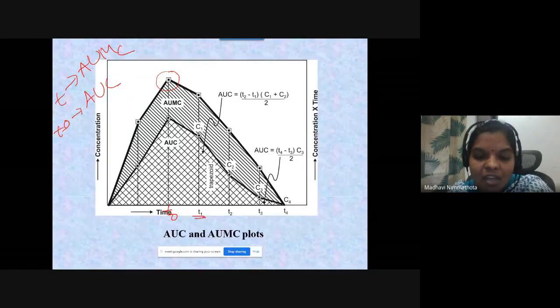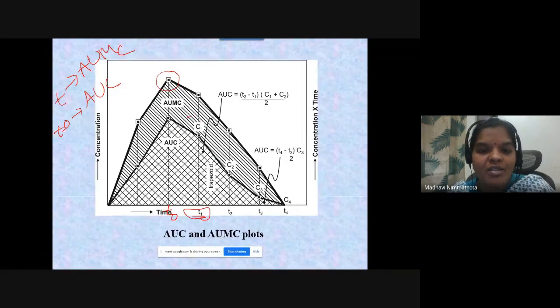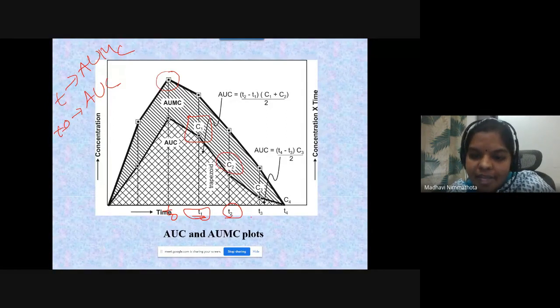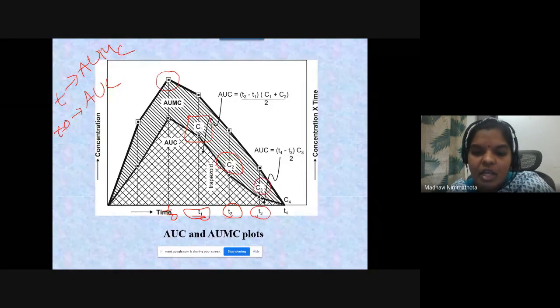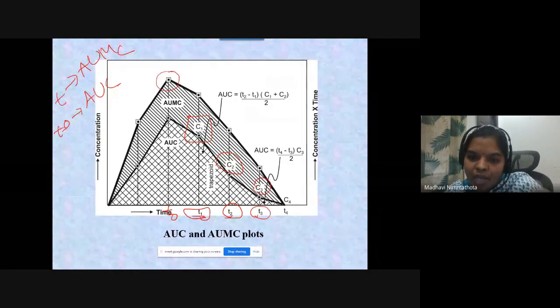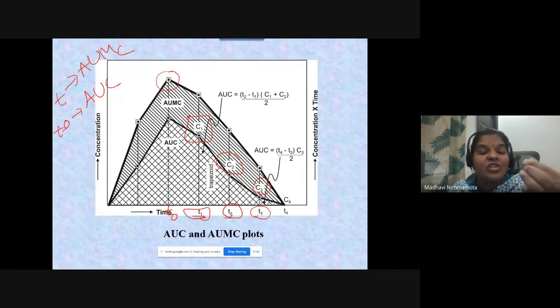The time t1 corresponds to the C1 concentration, and the next peak is T2, that is C2. Next one T3, C3. In the same manner you can consider up to the final elimination of all the drug moieties available in your body. So you can get n number of concentrations and n number of times.